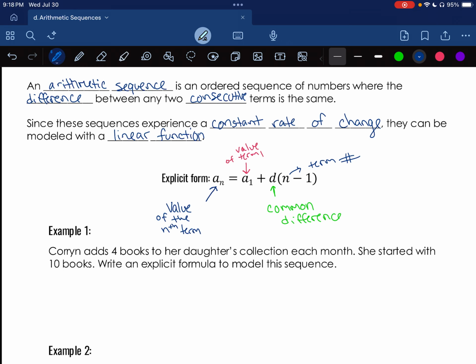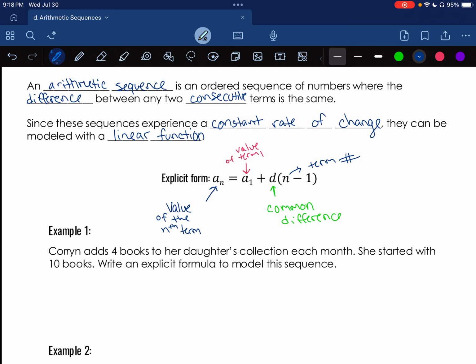It is technically a sequence, but we would probably just think of a linear model, like a boring old linear model for that. But my favorite way is the third example for each of these. We'll see a visual pattern. And I've noticed in my classes, students have a much better time figuring out patterns if I give them some sort of visual, and you can see it growing or shrinking over time.